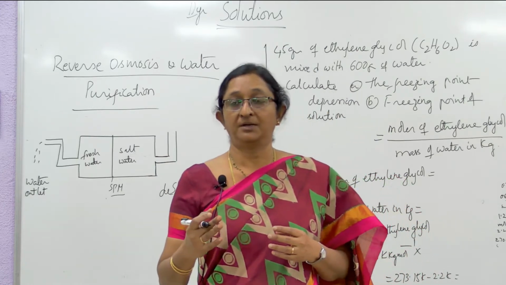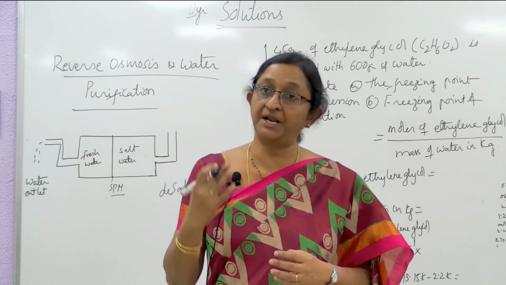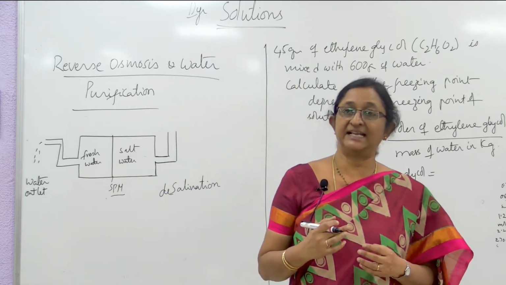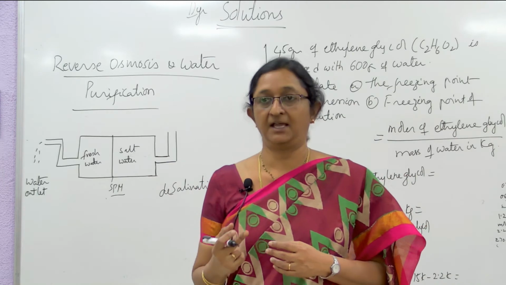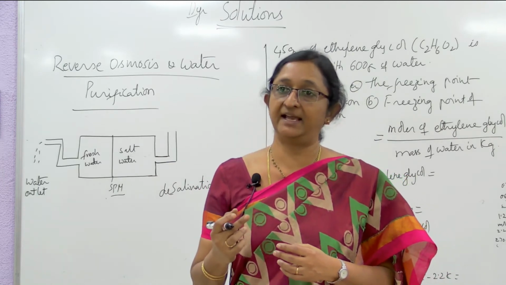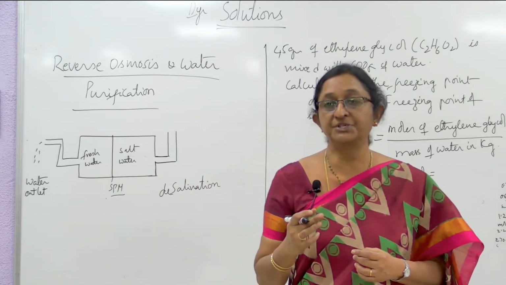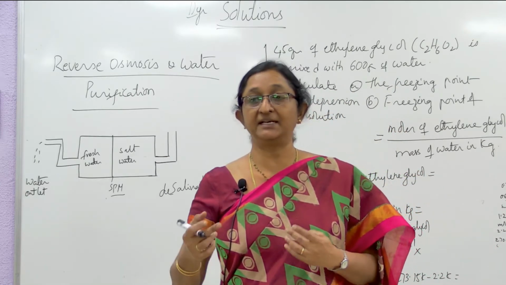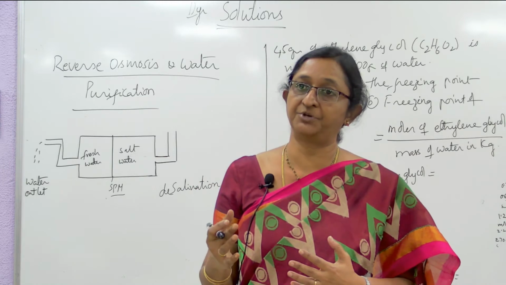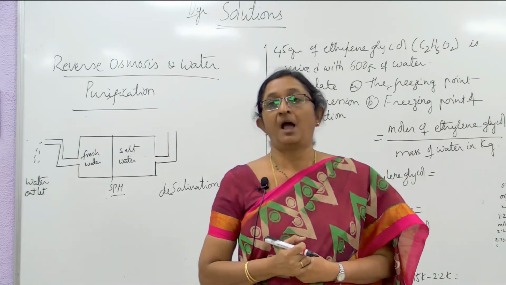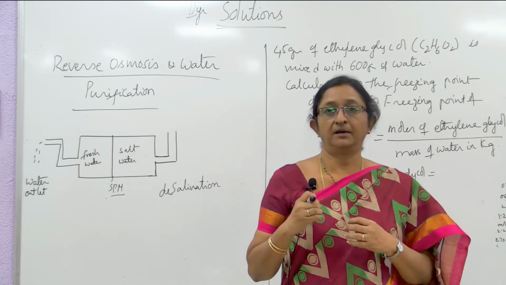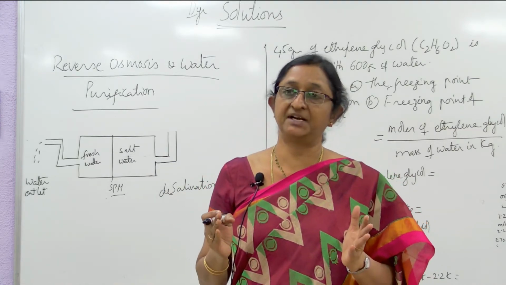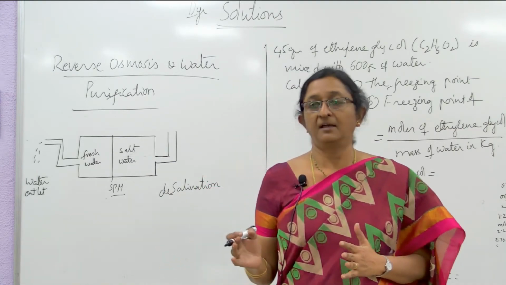Then we have learned how solubility plays a very important role when you want to dissolve a gas in a liquid. That is Henry's law. The solubility of a gas in a liquid is directly proportional to its partial pressure. In turn, the partial pressure is directly proportional to the mole fraction. And also we have learned Raoult's law, which gives the relationship between the partial pressure and the mole fraction.